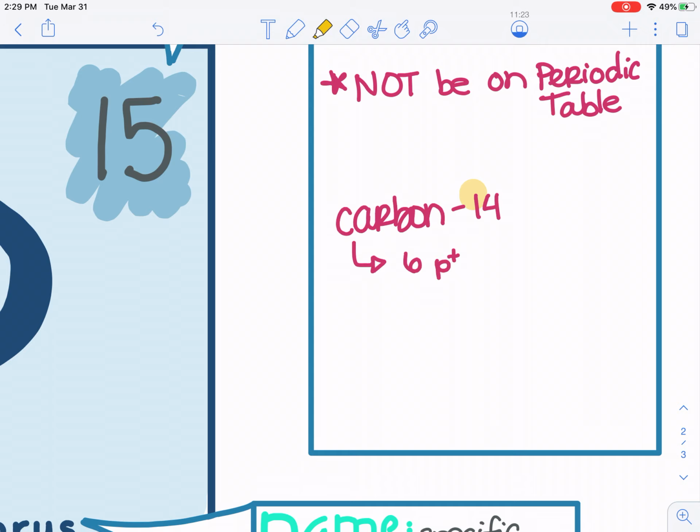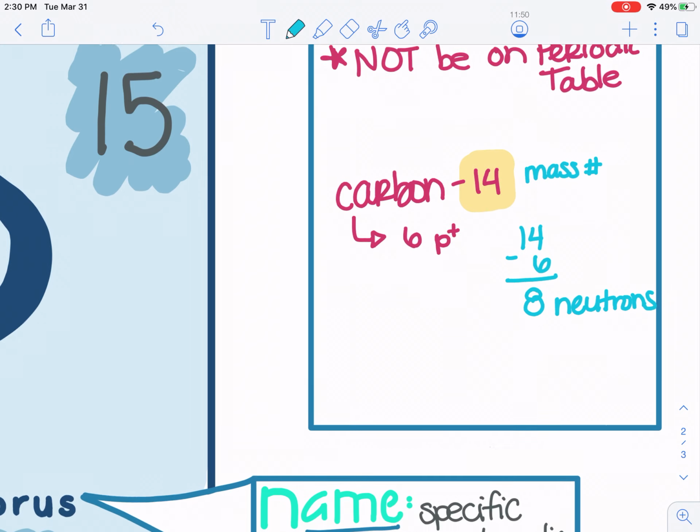The 14 right here is the mass number, which means we can subtract to find out that carbon-14 has 6 protons and 8 neutrons, because together there are 14. So we subtract to find out how many neutrons there are.